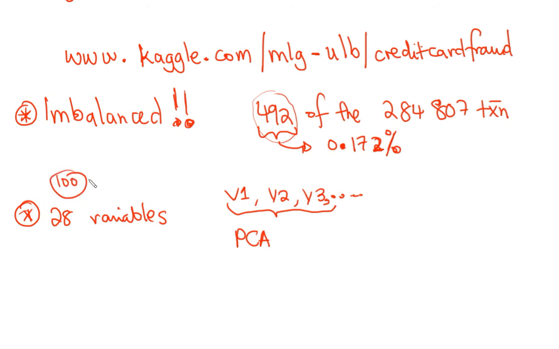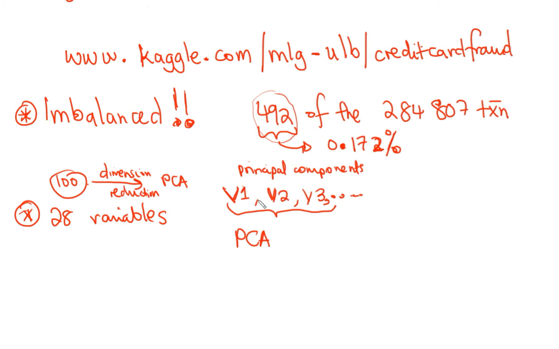But when it was uploaded to Kaggle and people worked on it, the one that you find on Kaggle actually went through some dimension reduction algorithm. So they did principal component analysis and came up with these variables v1, v2, v3, these principal components. You will understand these better when we do principal component analysis, but these are principal components that came out of dimension reduction, and it drilled it down to this v1, v2.